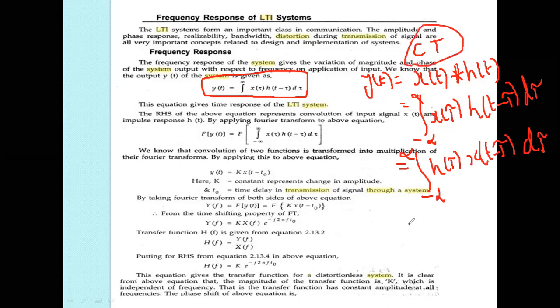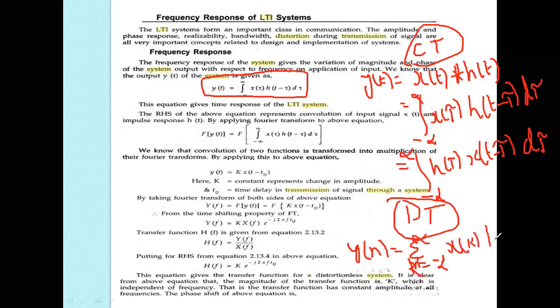What about the discrete time function? y of n, where n represents discrete time, is equal to the sum over k from minus infinity to infinity of x of k h of n minus k, which is also equal to the sum over k from minus infinity to infinity of h of k x of n minus k.